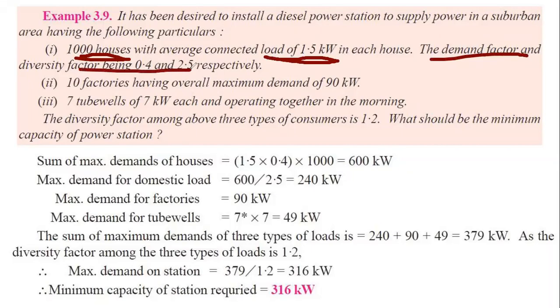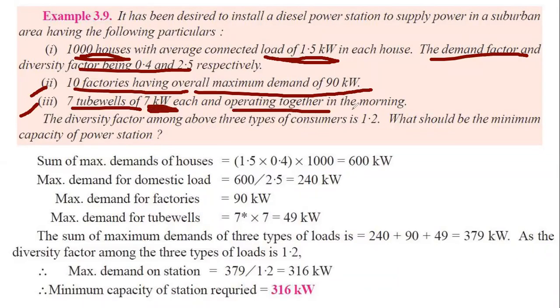So this is one type of load. The second one is 10 factories in that area, and their overall maximum demand is 90 kilowatt. And the third load is 7 tube wells for water, and every tube well has a capacity of 7 kilowatt, and they operate together.